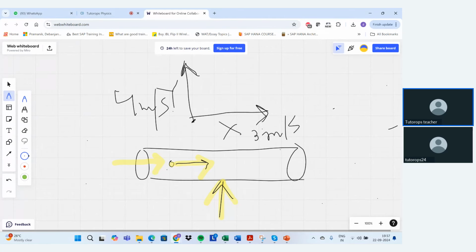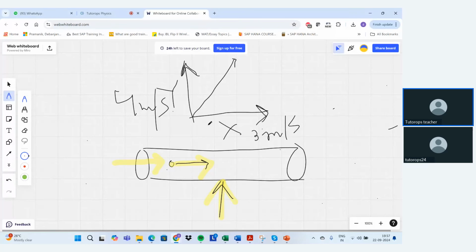Here normally there will be a resultant force towards this side. This is the resultant vector of my x and y axis.